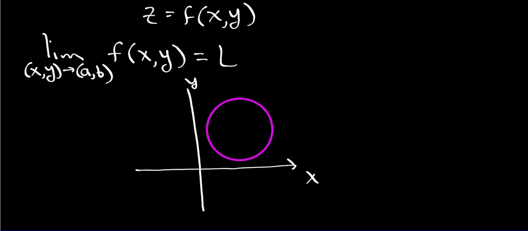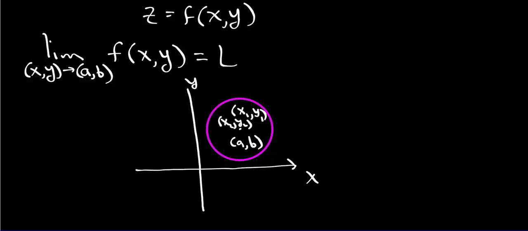And in the middle of this circle is (a, b), right there. Now, all around this circle, you have values. You have (x1, y1), (x2, y2), a whole bunch of values in there.